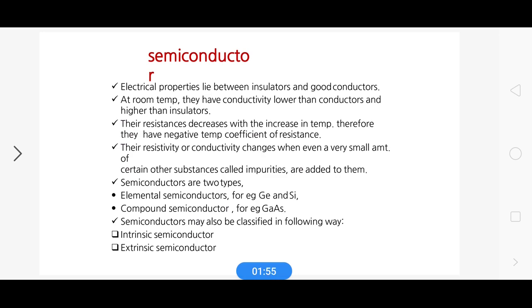Therefore, they have a negative temperature coefficient of resistance.